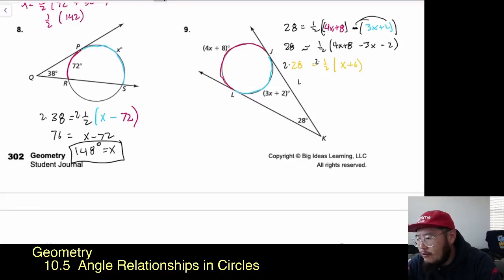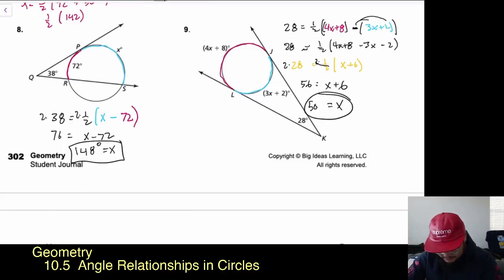So now I have 56 is equal to x plus 6. And when we subtract 6 from both sides, we have x is equal to 50. There you go. We finished this section. We found x right here.